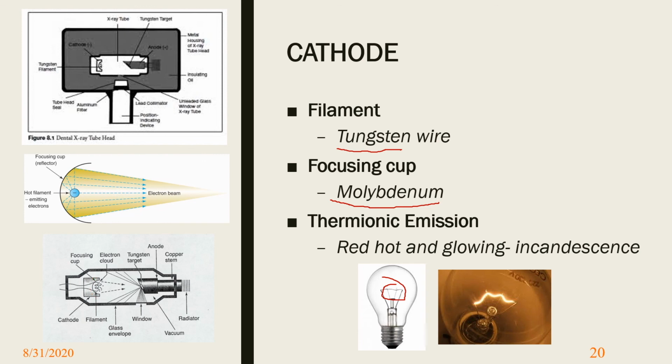The focusing cup surrounds the filament wire, and it helps to shape the cloud of electrons so that they will all strike a specific area of the target called the focal spot. In other words, the focusing cup directs the electrons towards the target.